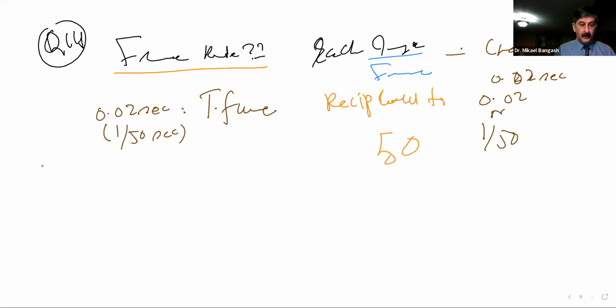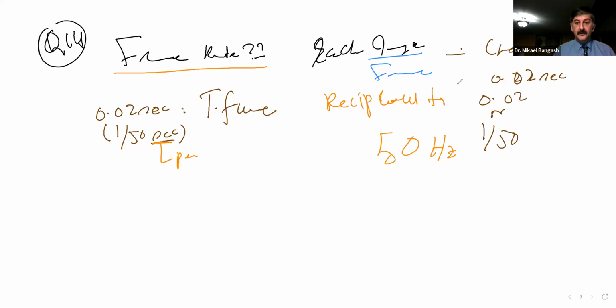Since the frame time is the reciprocal, the period or time is reciprocal to frequency.